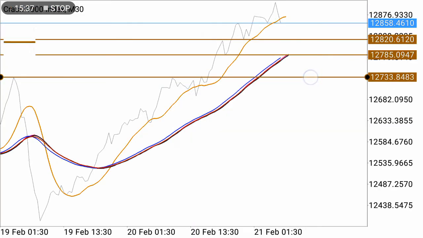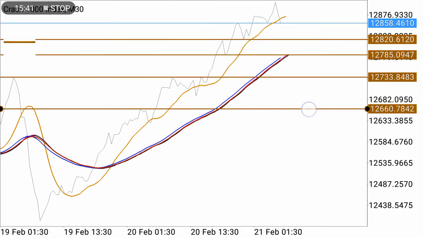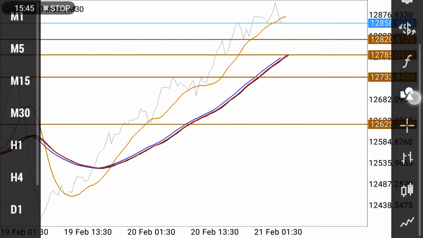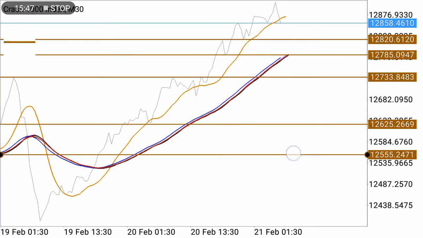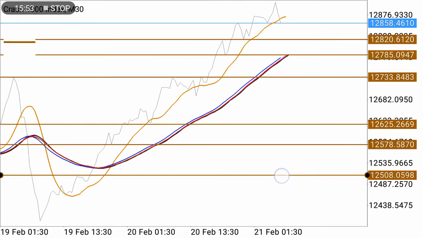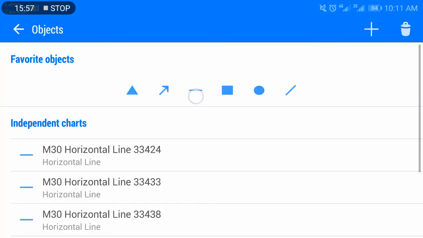Okay. Support and the resistance, verified or non-verified. Highlight all areas because we have to predict price movement. Okay, next one.